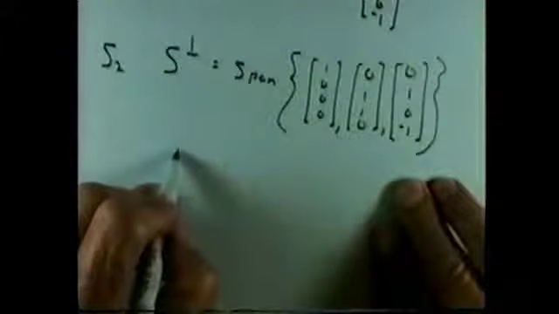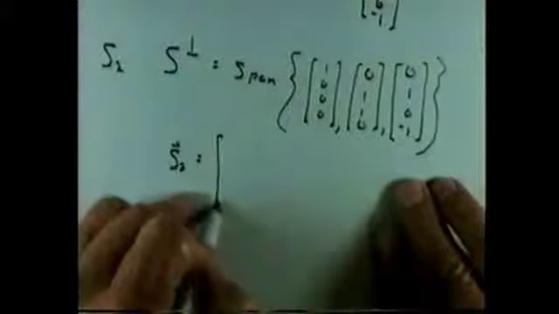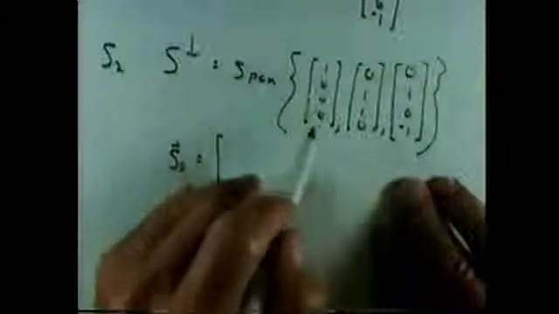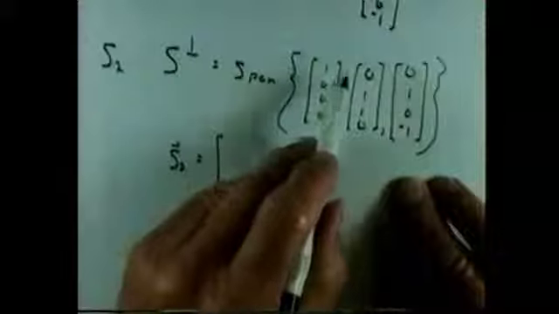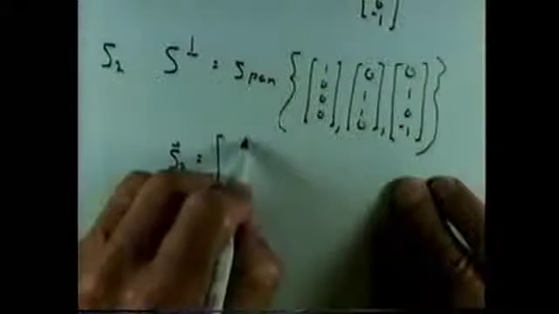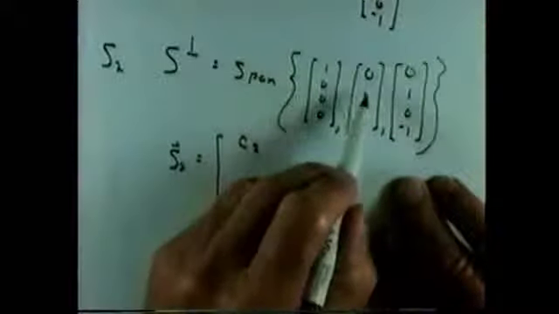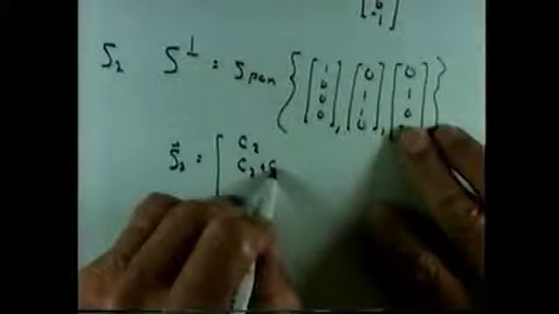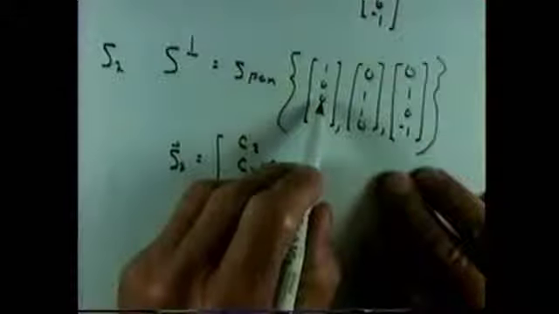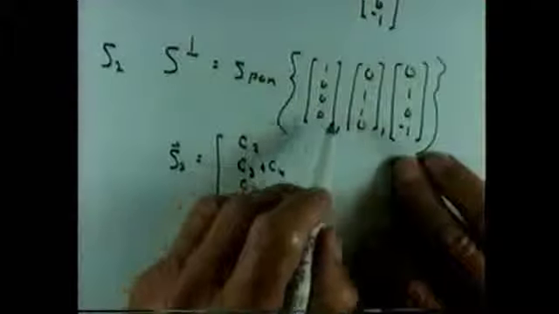Well, a vector here, vector S2, we can see is going to be of the form, if we use all different C's this time, C2 plus 0 plus 0, so that would be C2, 0 plus C3 plus C4, 0 plus C3 plus 0, 0 plus 0 minus C4.